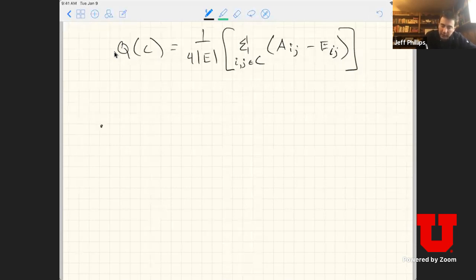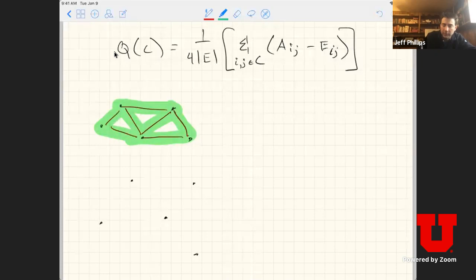Now let's draw some graph. This is something that's hard to see in pretty small graphs: I need a pretty tight cluster to get a high score. But let's say this graph is almost complete. Let's say this is C here.